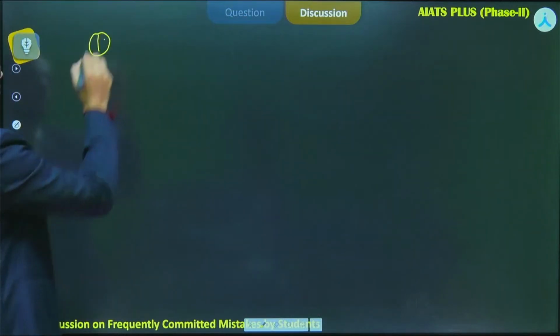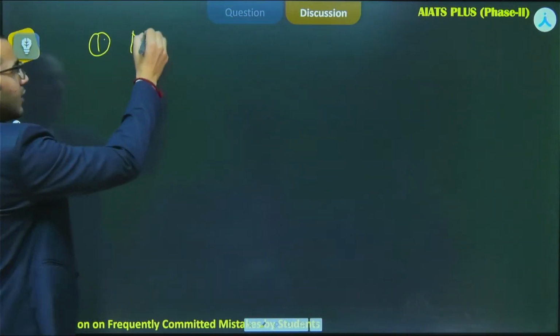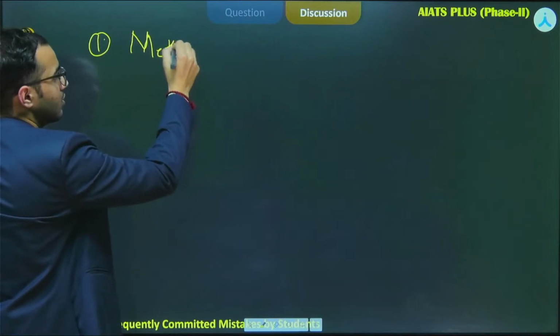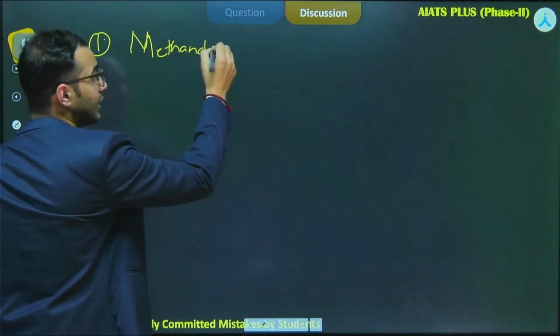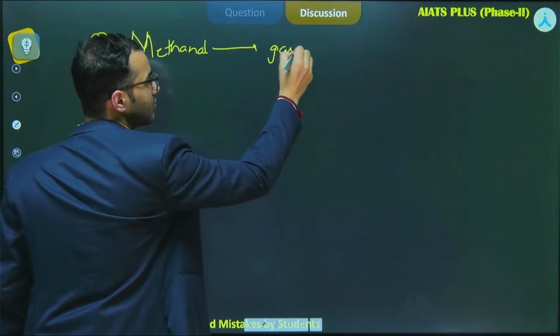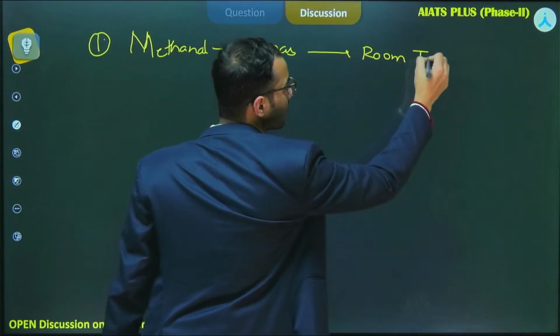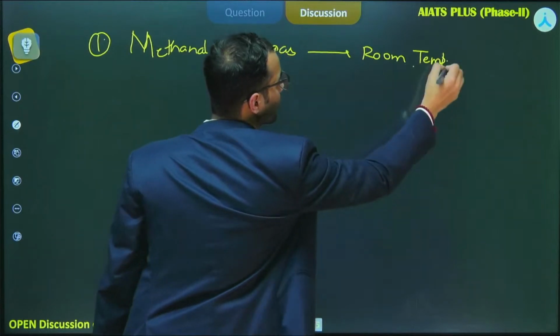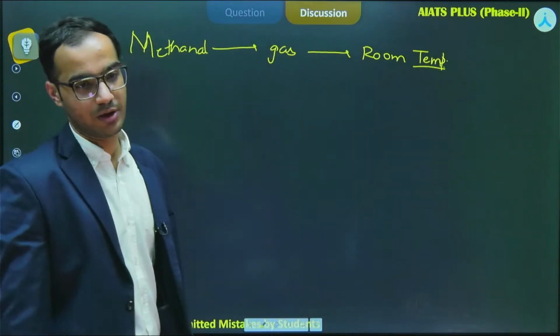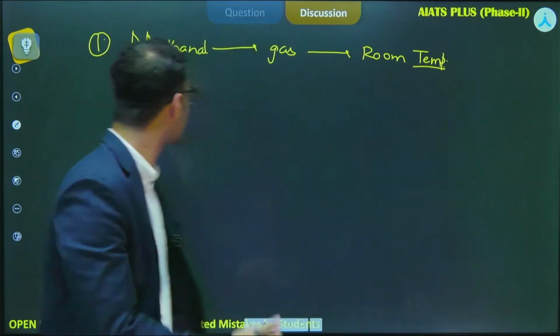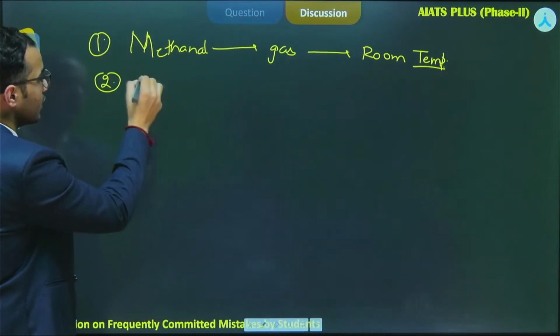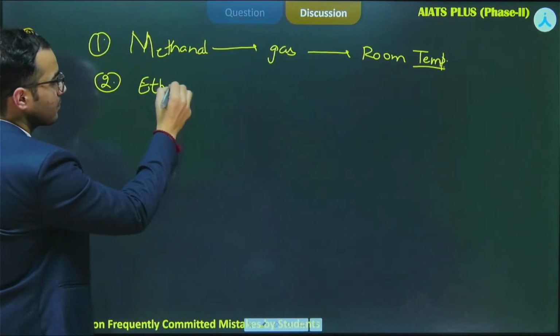The first portion: if you are having methanal, it is always gaseous at room temperature. It is a gas at room temperature. Can anyone suggest, if we are dealing with ethanal, what will be the case?